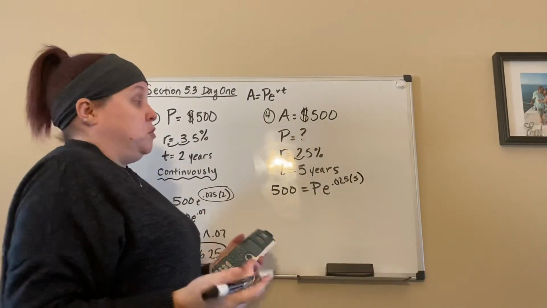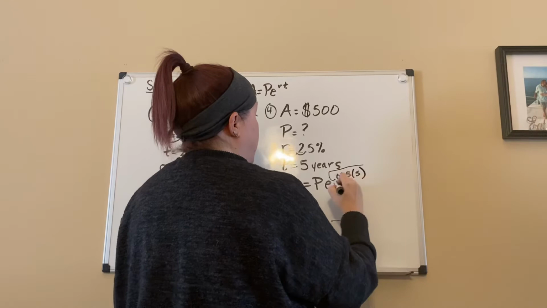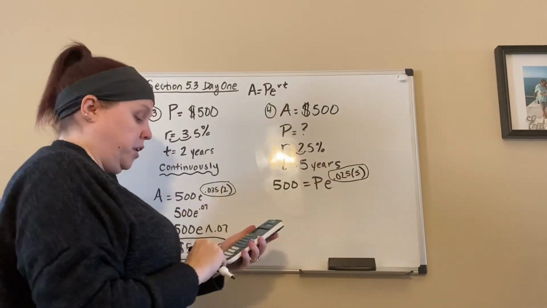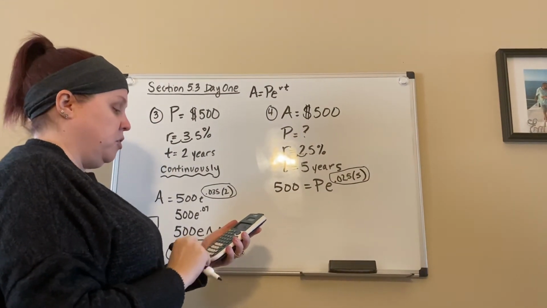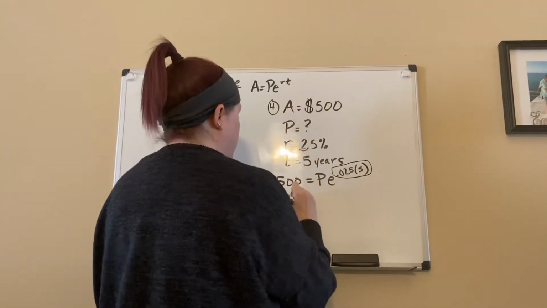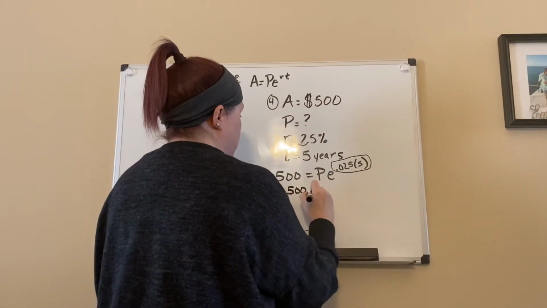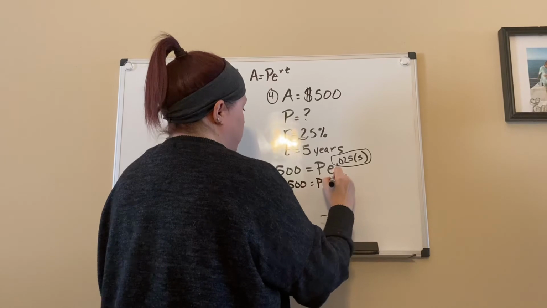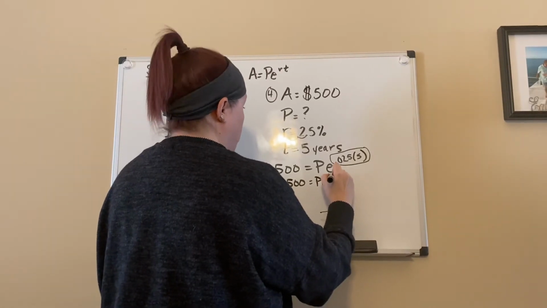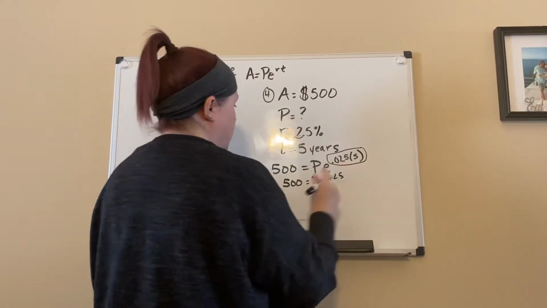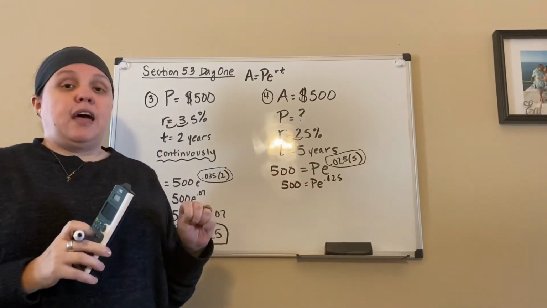I'd ask you what to do next, but I think you know, and you can't answer me. So 0.025 times 5, 0.125. So we have 500 equals P e to the 0.125. Now this is the easy last step.